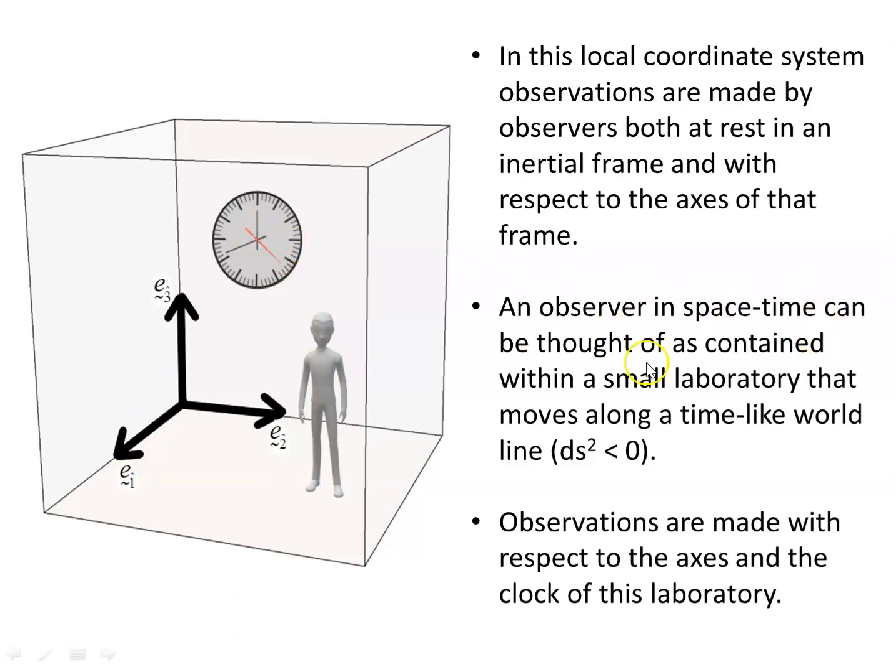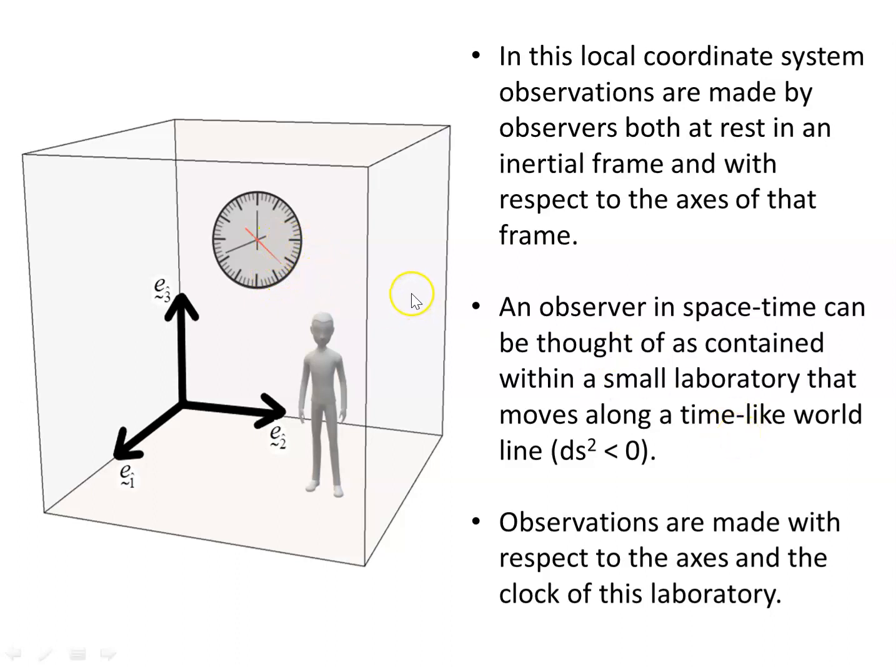So an observer in space-time can be thought of as contained within a small laboratory that moves along a time-like world line, ds squared less than 0, and observations are made with respect to the axes and the clock of this laboratory. So our clock is ticking away 1 second at a time at a constant rate, and so the basis vector in the time direction can be an orthonormal basis vector of unit length, each unit a second, and pointing in the direction of increasing time. And that was the E0 basis vector we saw on the previous slide.